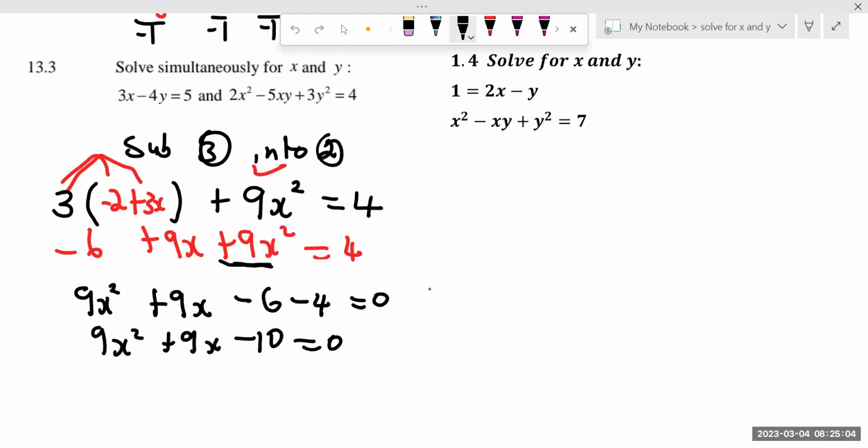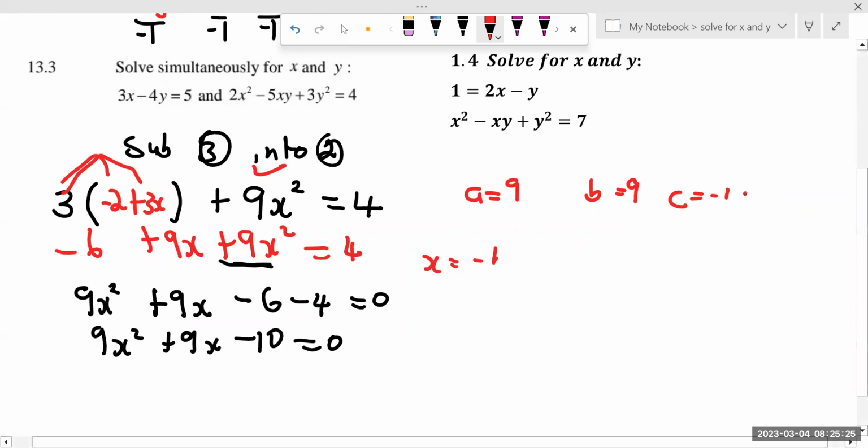Up to us. Which method do we use? We're going to use quadratic. Okay, what is our A? It's 9. B? It's 9. What is our C? Minus 10. And then we have X, which is equal to minus B. So this is the correct formula.